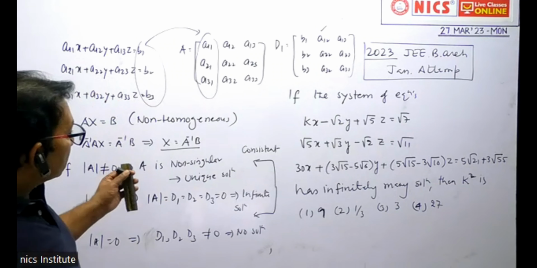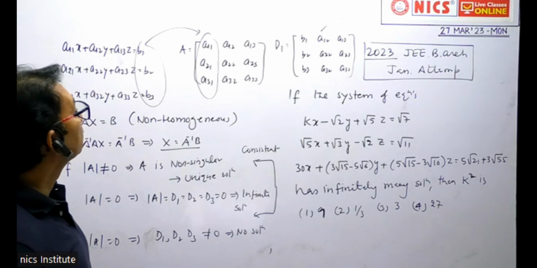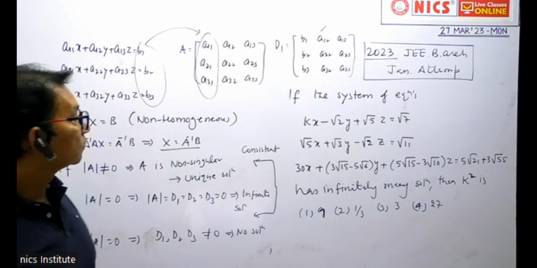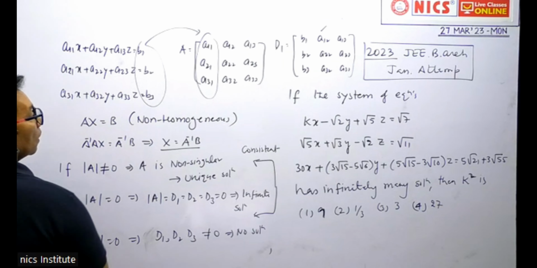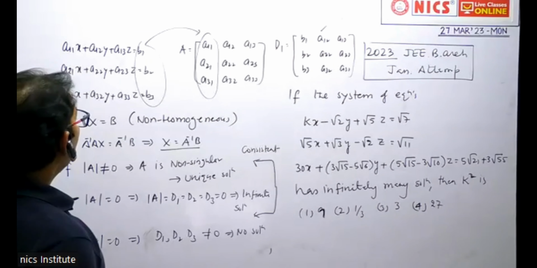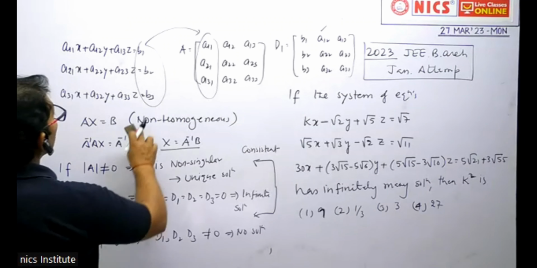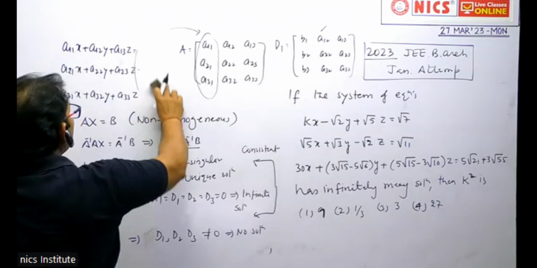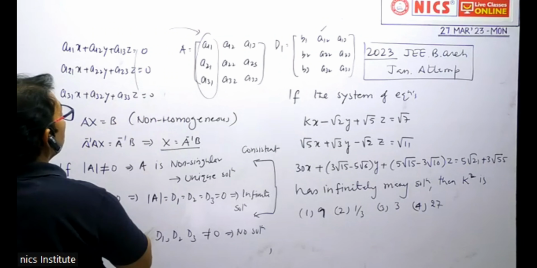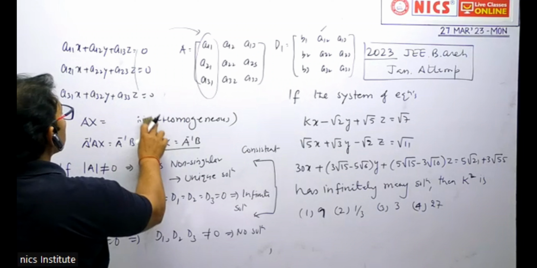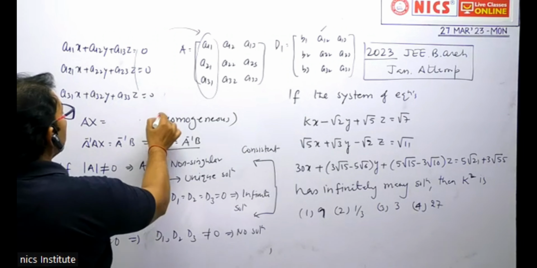So in case you missed this, I have written it again. And one more thing: when the system is homogeneous, suppose B1, B2, B3 are all equal to zero, then the system is called a homogeneous system of equations. You note it down as well.